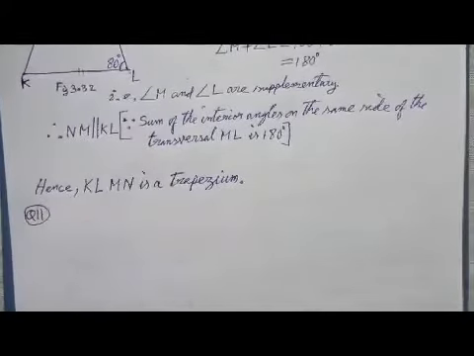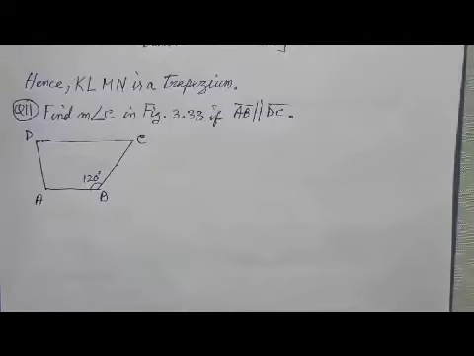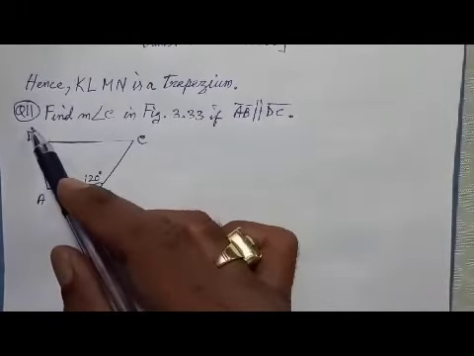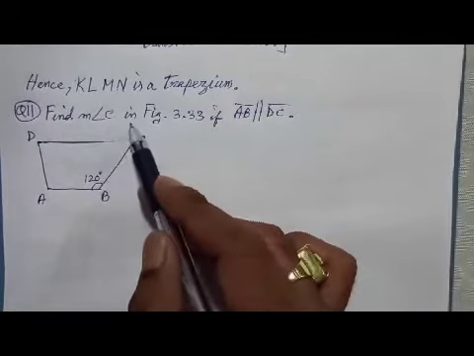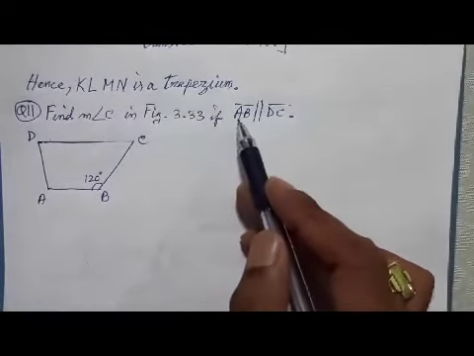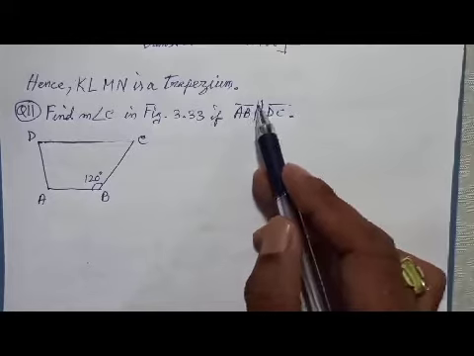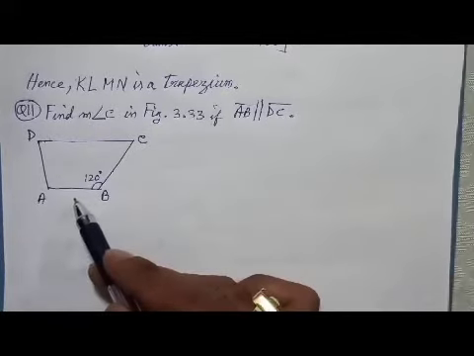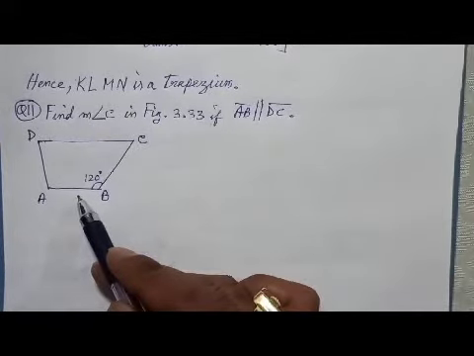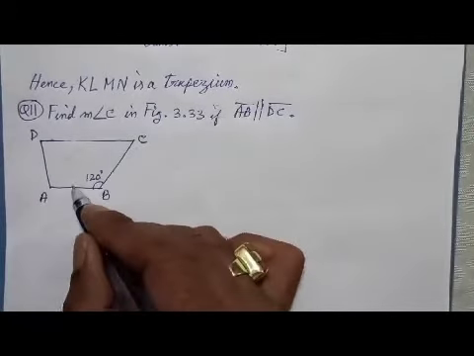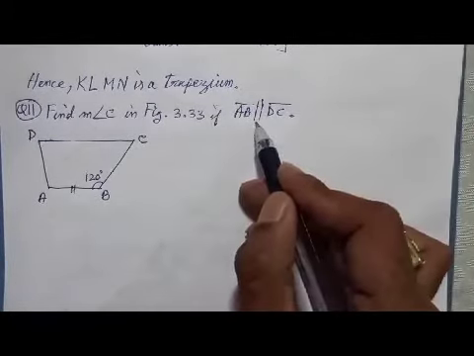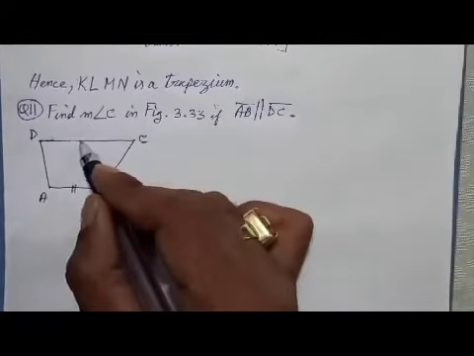Question number 11. Find the measure of angle C in figure 3.33 if AB is parallel to DC. This is figure 3.33. In this figure, here is A, here is B, this side is parallel to DC. Here is D, here is C, this side.